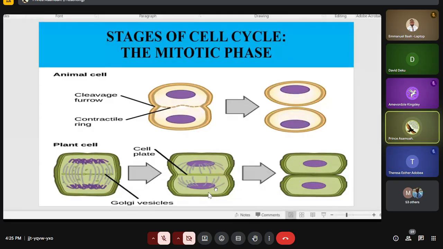For cell division, that's the normal process that cells go through. So the parent cell divides itself into two daughter cells, and it will get to a stage where the cell is programmed to die.